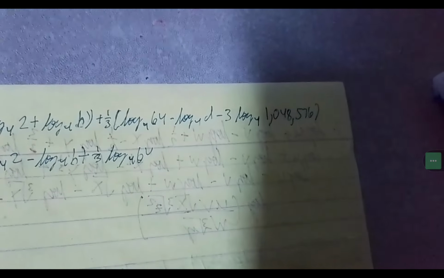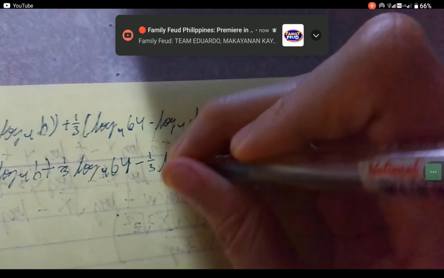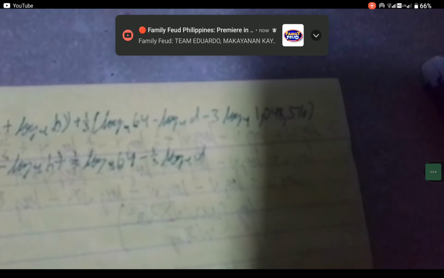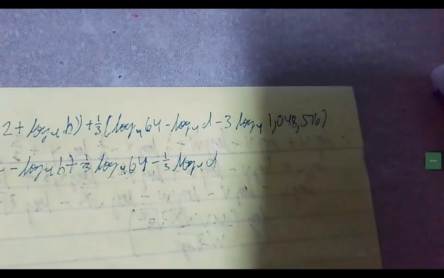Tama? And then this one, we have to distribute the negative. Negative times negative becomes positive log base 4 of 2. Remember, negative times positive becomes negative, so that becomes negative log base 4 of b.